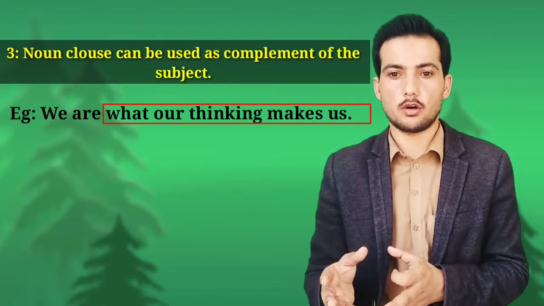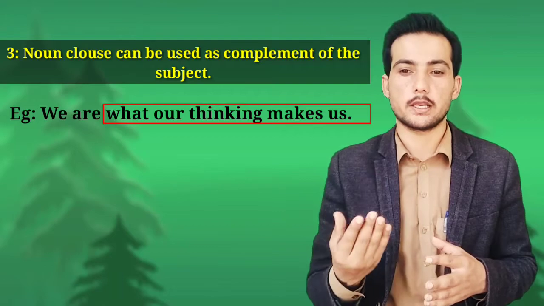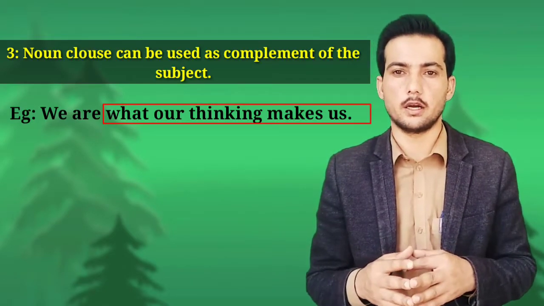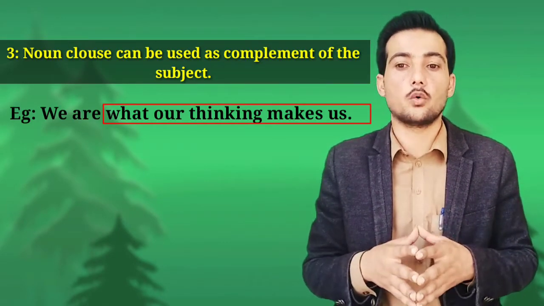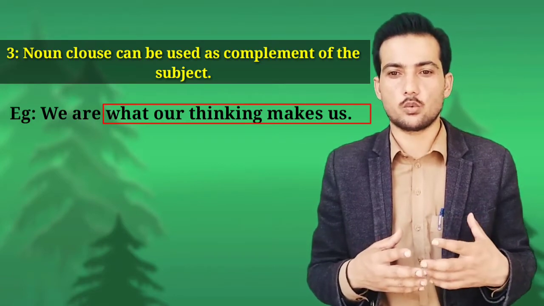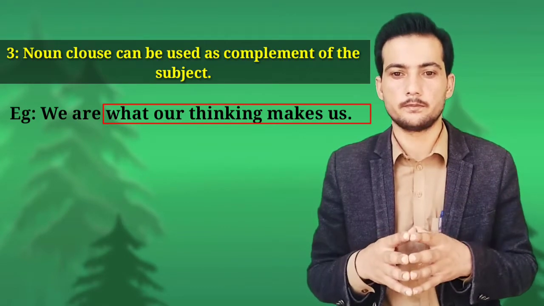So it is a noun clause, but if we talk about its function, the function is like a complement, because it comes after the linking verb that is are. We are what our thinking makes us. So it completes the meaning of the subject. So that is why it is the complement of the subject.